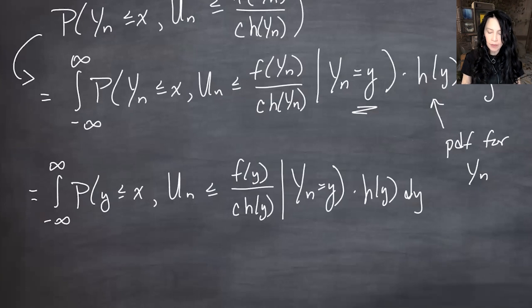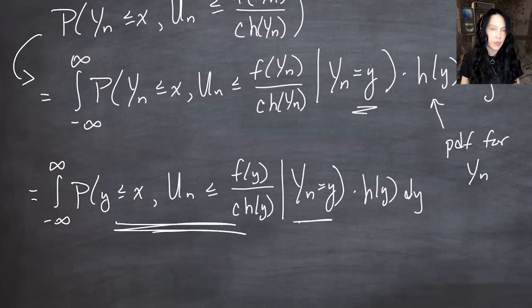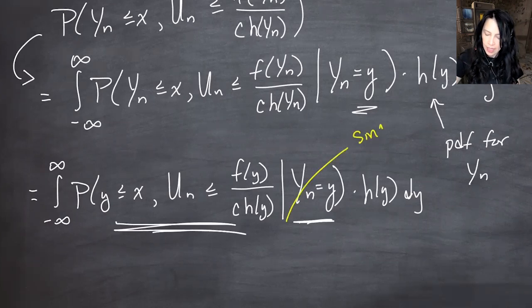The only random variable on this side is the uniform, and the only random variable on this side of the given line that isn't an equals is the y, and Un is independent of Yn. So we do get to drop this conditional stuff now, since Un is independent of Yn.